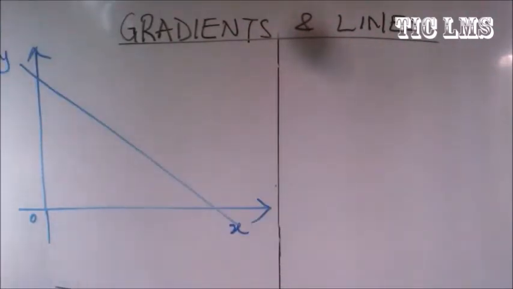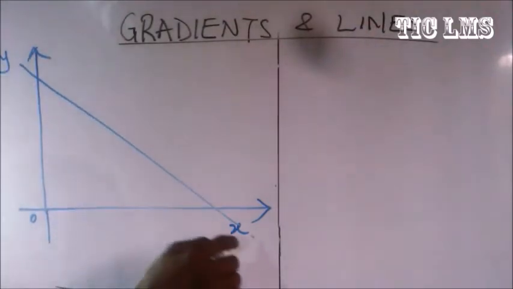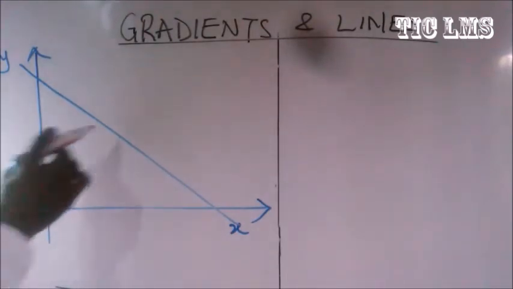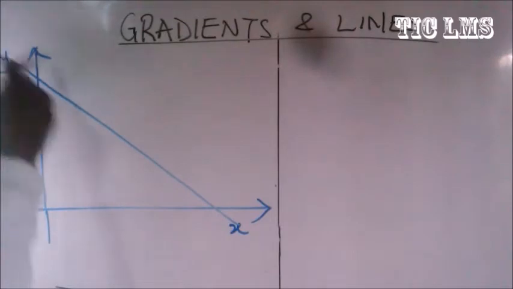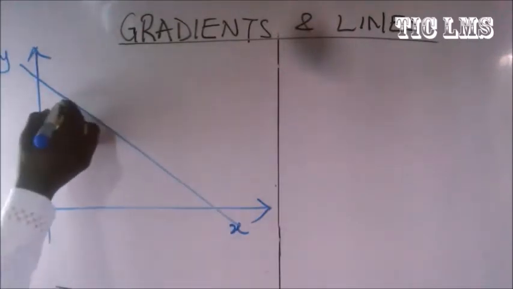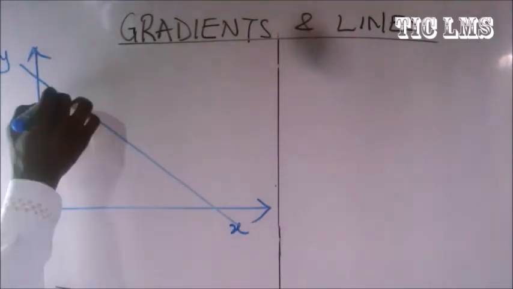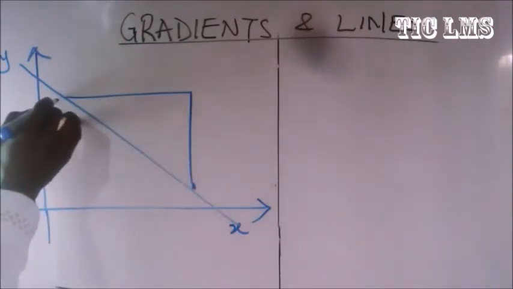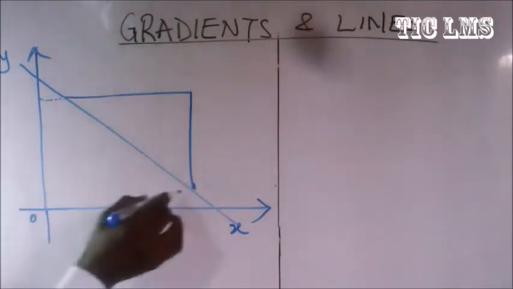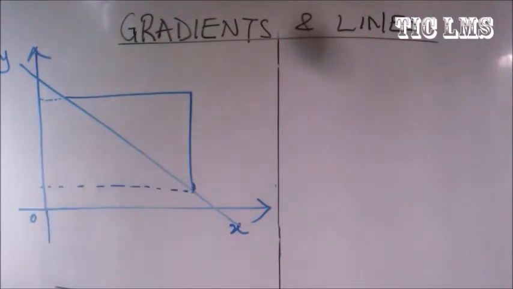All right, so here is another graph, and in this graph we noticed the movement from here down in this direction. We have to get the gradient or slope of this linear equation. Now we could draw a line like this. Take your point from anywhere, and then you trace it down here, and then you trace this down here.